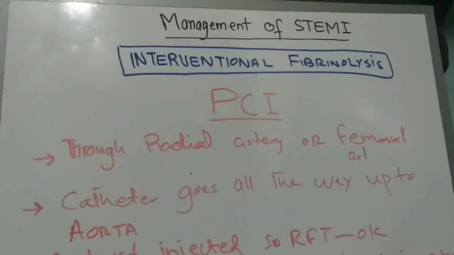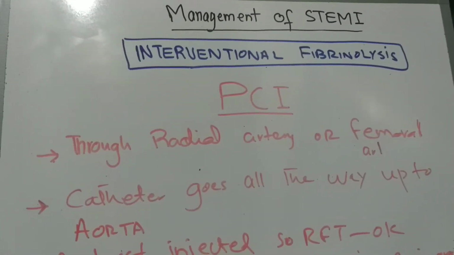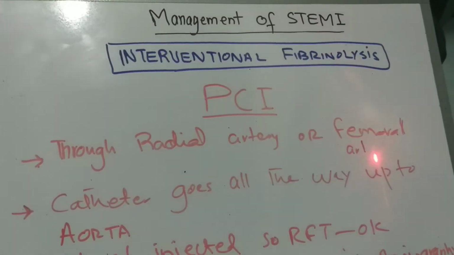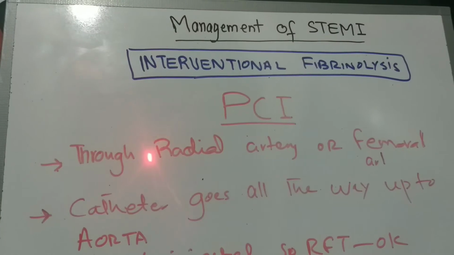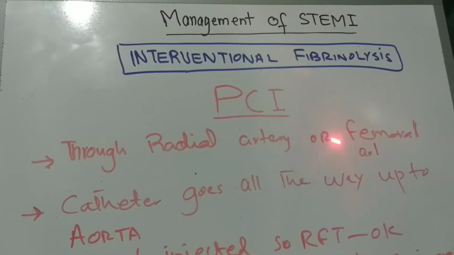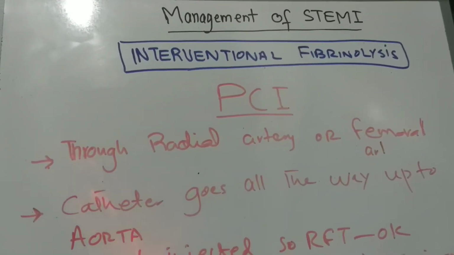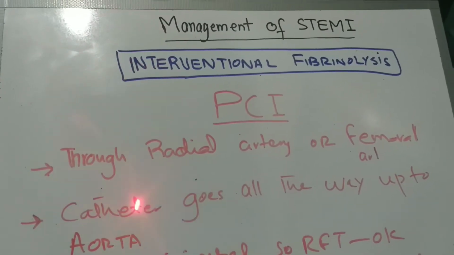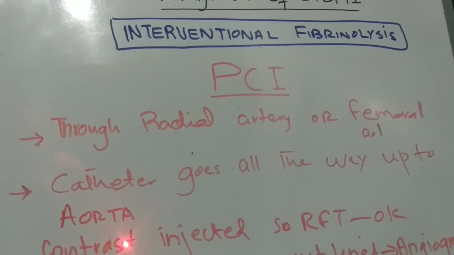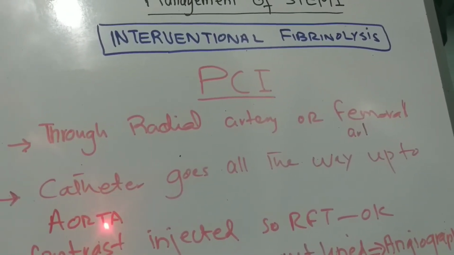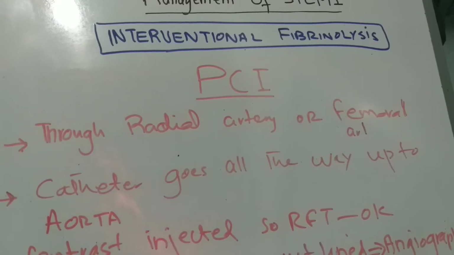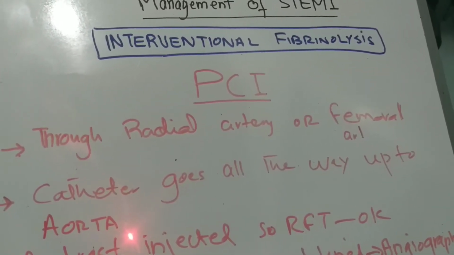So in the interventional fibrinolysis, what we do in the PCI, percutaneous coronary intervention, it is attempted either through the radial artery or femoral artery. Most of the time it is attempted through the radial artery, and a catheter is passed. First the artery is actually engaged through the cannula, then a catheter is passed through the cannula, and fluoroscopically it is guided all the way up to the aorta, because the coronary arteries are exiting from the aorta just outside of the aortic valve, and blood enters into the coronary arteries during the diastole.